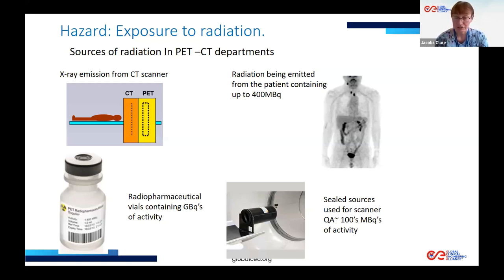You've got the stock vial from which the patient doses are dispensed, and that contains quite a lot of activity in the order of gigabecquerels. And then finally, you've got sealed sources in the form of QA sources that are used to do image quality checks on the scanner. So these are long-lived, sealed radioactive sources, solid sources.